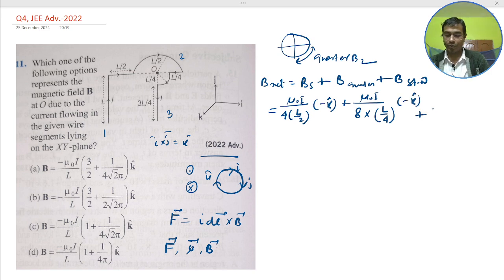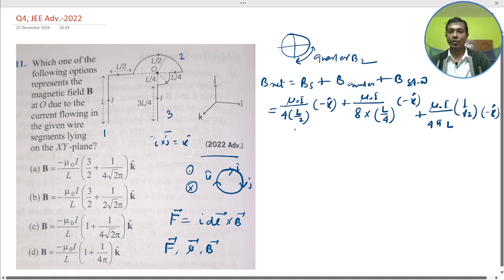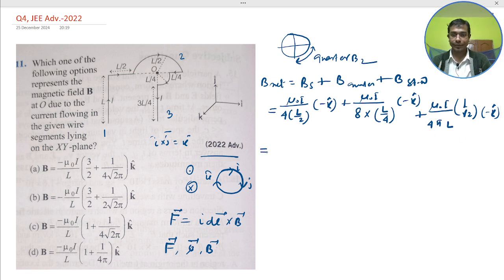Next one is mu naught I by 4 pi R for the straight wire, where you know 4 pi R means L by root 2. This is R and direction minus k. So 4R, R means L by 2, and for the quarter 8 and 4 pi R. You just solve.